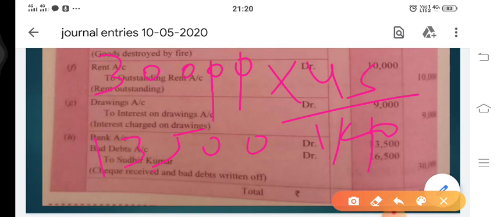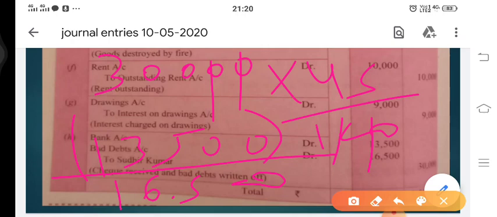That comes to 13,500. That means from 30,000 we can receive only 13,500. So if from 30,000 we can receive only 13,500, we are going to have a loss of the remaining amount, which is 30,000 minus 13,500, which comes to 16,500.